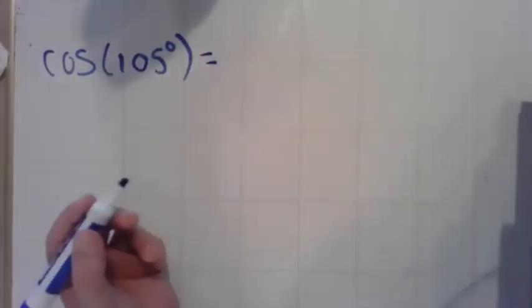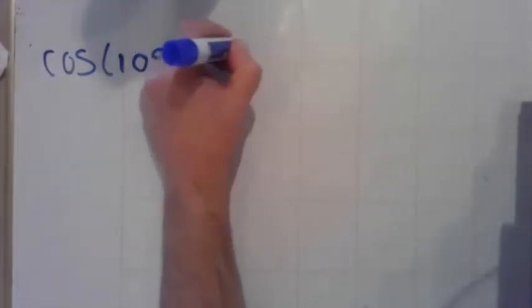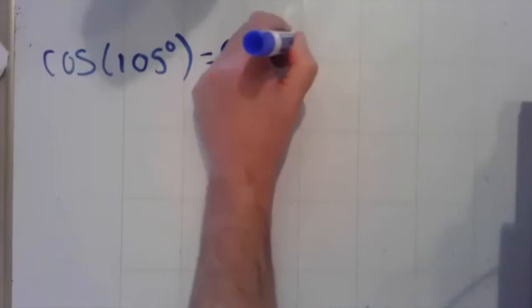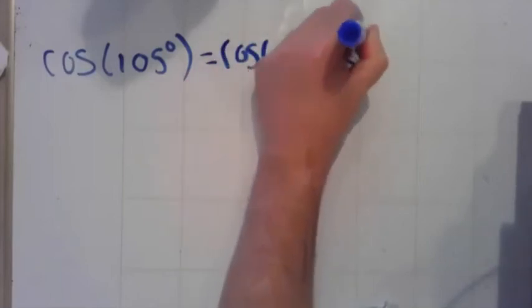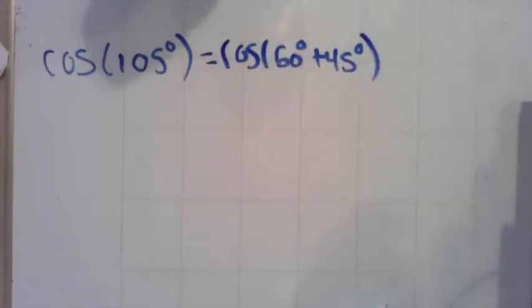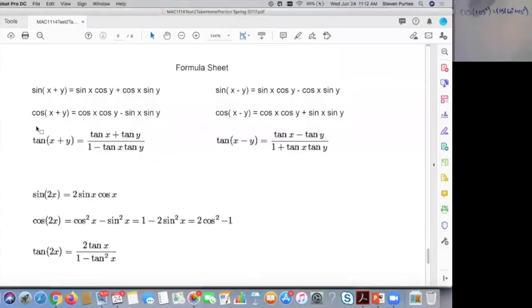Well, let's see, 60 and 45 would do it. 60 plus 45 is 105. So now I go look at my equation sheet for cosine of x plus y. That would be this formula here. I'll write it down.